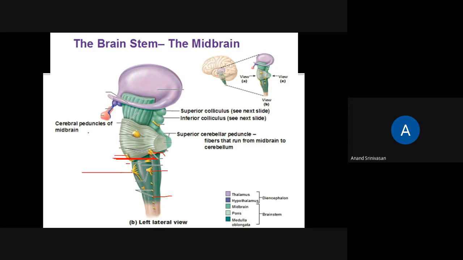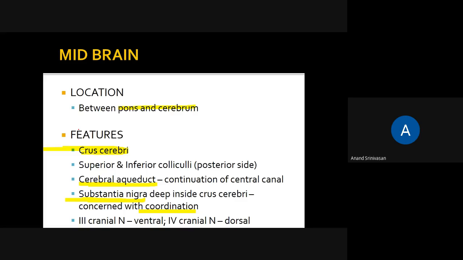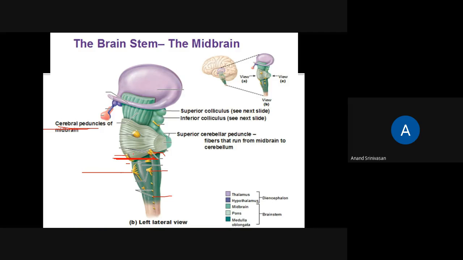This is the one which holds the cerebrum, and this is called the cerebral peduncle. Cerebral peduncle or crus cerebri, both are just the same. What is the meaning of peduncle or crus?